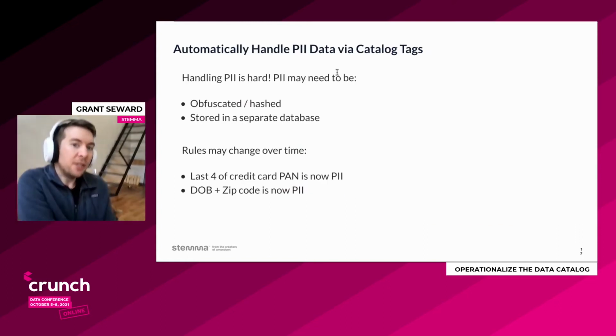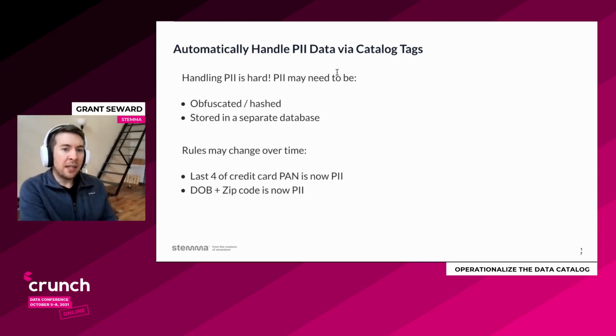One of the best use cases for this is handling PII data. Handling PII data within your ecosystem, and in particular within the warehouse where users are querying data, is often a challenging task. Your company likely has security requirements around the handling of PII data that requires it to be obfuscated or hashed, or perhaps PII data needs to be put into a completely separate physical database where only a limited number of users can access it.